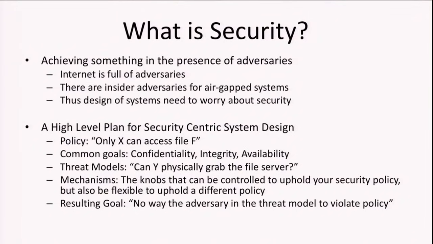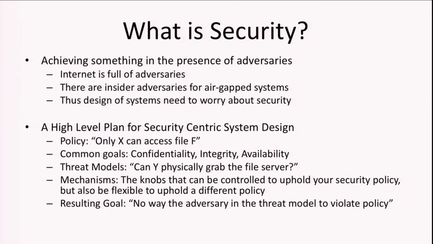Then your goals, and normally there are three major goals in security. One is confidentiality, which is what this policy talks about, that only X can access file F, and it should be confidential. But integrity is also important, because it should not be that this file is mangled or has some information changed in it, then the integrity is violated.